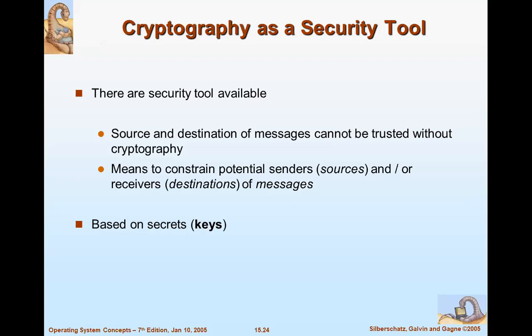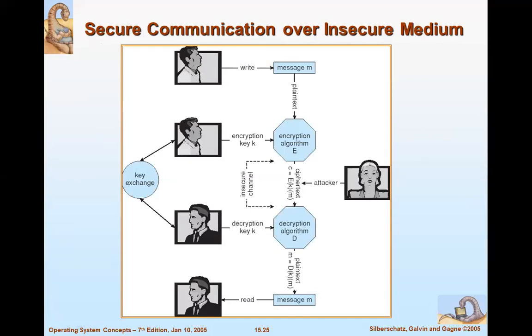So here we have different keys. As I told you even in the last class, we will have different types of keys used for encryption and decryption purposes. Here in this example, you can see the secure communication taking place between sender and receiver.